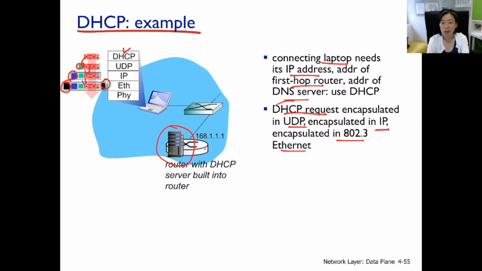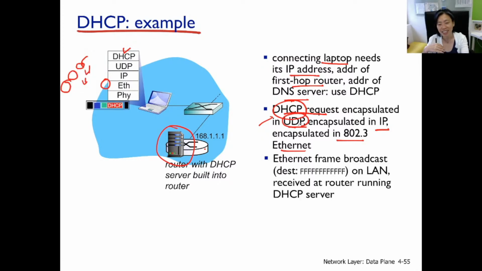So DHCP is actually implemented at the application layer, just like DNS, seemingly a lower level, general functionality for everyone on the internet, but implemented at the application layer. Complexity at the edge. And it's using UDP as the underlying transport layer service.